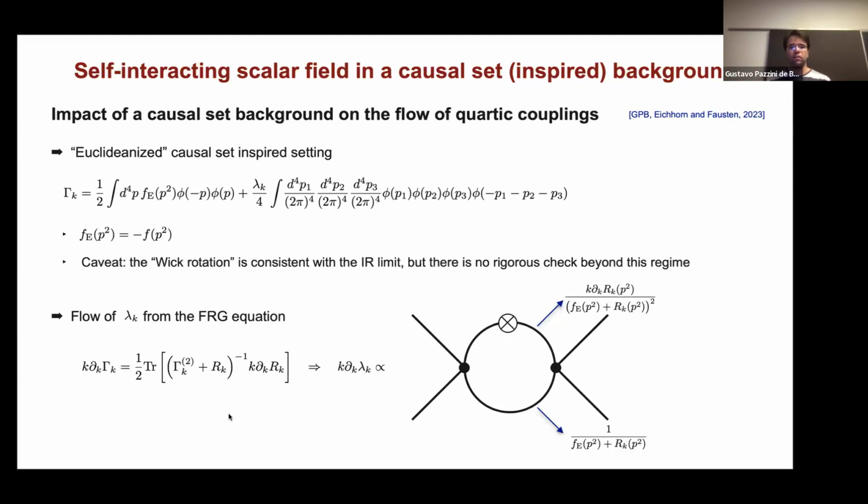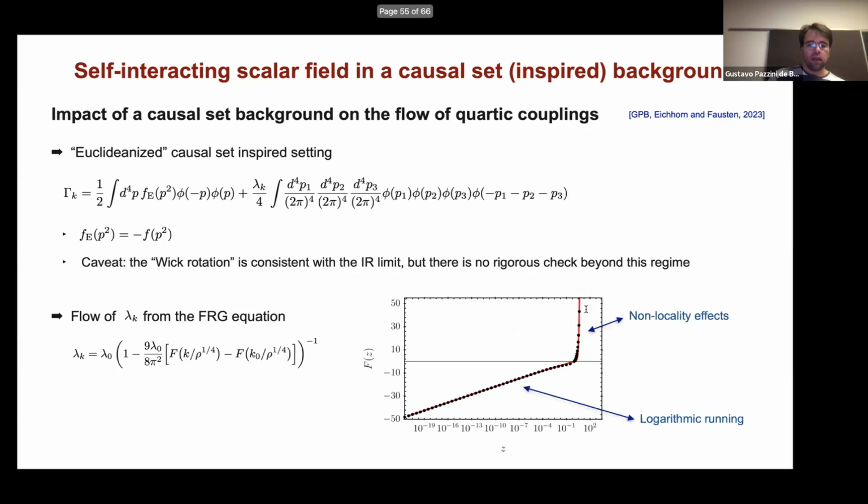Using standard FRG techniques, computing the flow of such a coupling essentially corresponds to computing this diagram here, where now the propagator comes with this f of p squared, which comes from this causal set inspired scenario. The results of the integrated flow involve this function f, which looks like this.